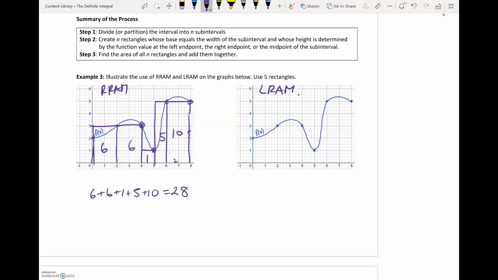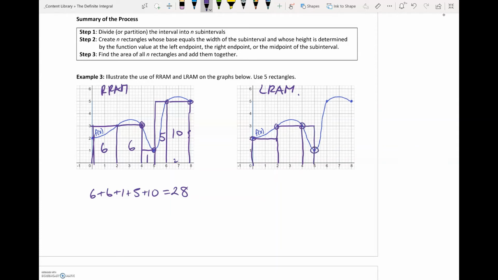The next one we're going to use our left-hand Riemann sum. This means I'm going to use the leftmost point to create the height of my rectangle. So I'm going to use this one. This creates the height at the same place, so that's my first one. Then between these 2 points, this is my leftmost point here. Again, between these 2 points, this is my leftmost point, so that's my height.